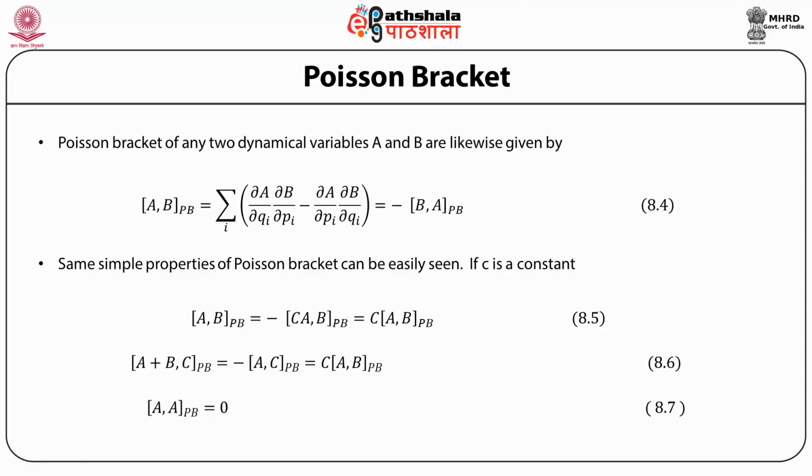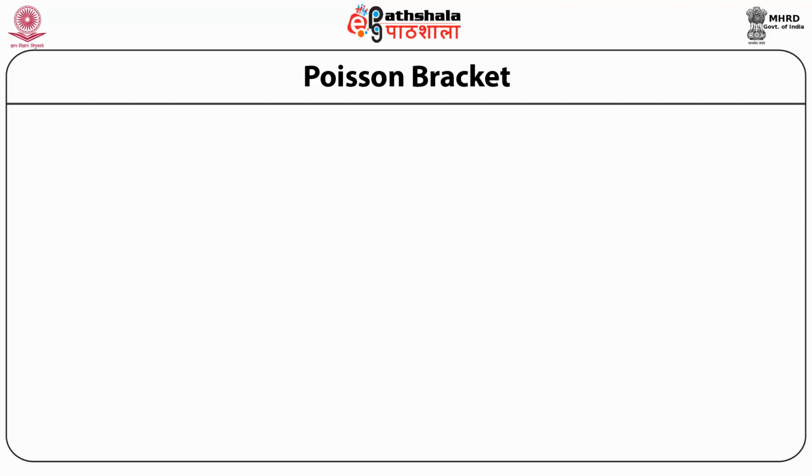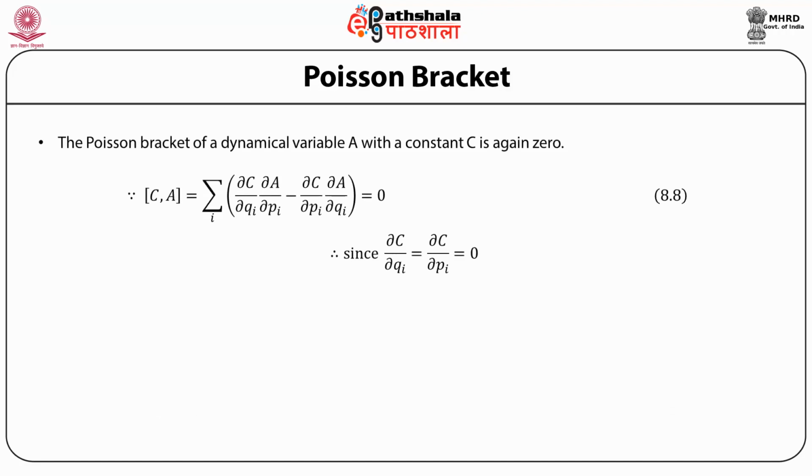And obviously when a is equal to b, the Poisson bracket between the two identical variables, that is a comma a, is equal to 0. The Poisson bracket of a dynamical variable a with a constant c is again 0, because the derivatives of c with respect to qi and pi both vanish.